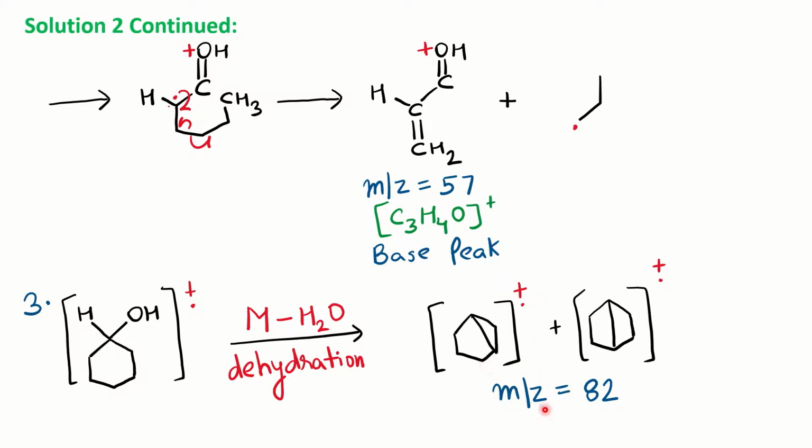And if you calculate the mass of it, the m/z 82 peak is because of this bicyclic product. They can ask another type of question like justify the peak at m/z 82 in cyclohexanol. So you should know how we can get the 82 peak or all fragmentation possible for cyclohexanol. So this was the answer for our cyclohexanol.